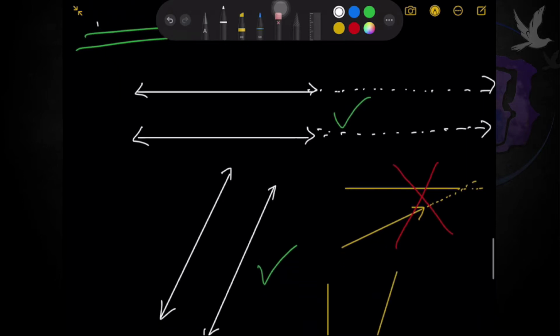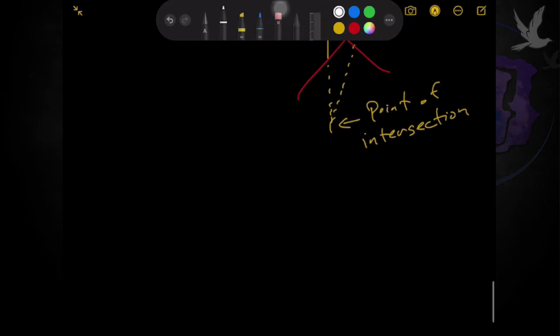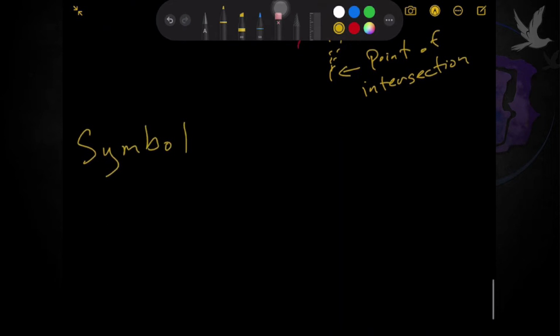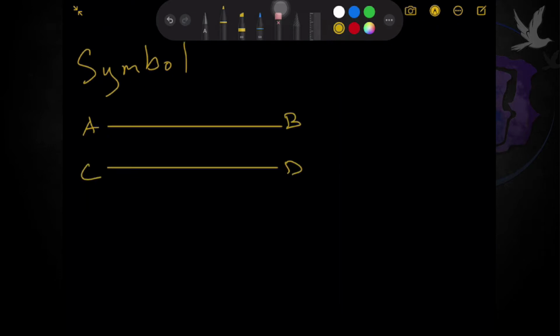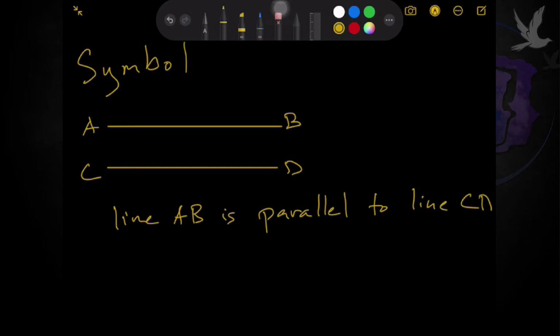Now, if perpendicular lines have their symbol, meron din naman tayong symbol for parallel lines. No? Symbol. Again, we need to name our lines. So, for example, we have parallel lines dito. We have AB and we have CD. We can now say, since they are parallel, that line AB is parallel to line CD.